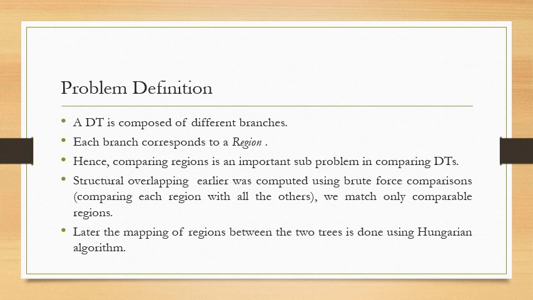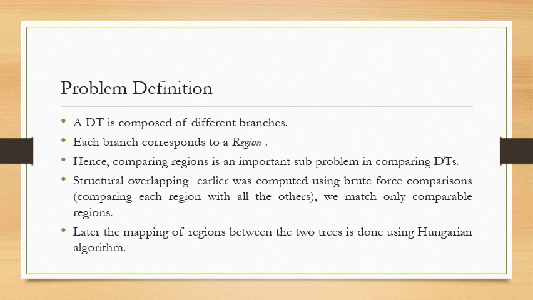So that's what we've done, and in order to find out the structural similarity, we need to find out the structural overlapping, right? Earlier it was done using brute force comparisons, wherein we compare each region with all the others.